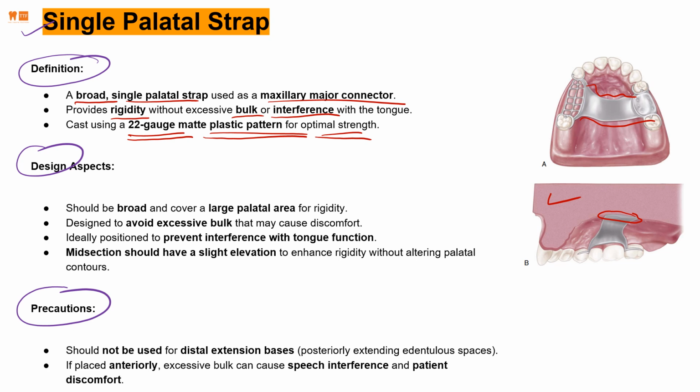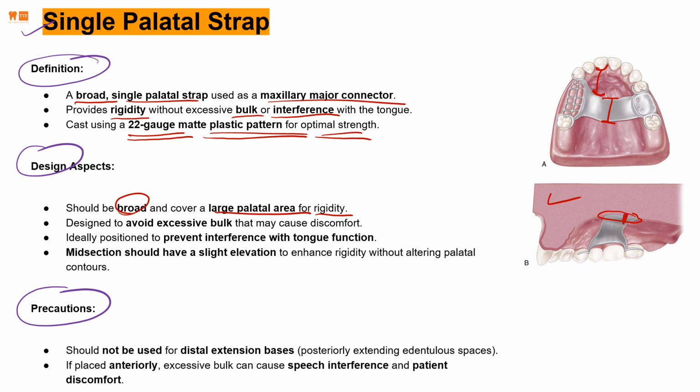Design aspects. It should be broad, covers large palatal area for rigidity. So essentially, there is a dimension of this. There is a dimension between the gingival margin anteriorly and the palatal surface, anterior surface, and of course there is dimension of the actual thickness, right?